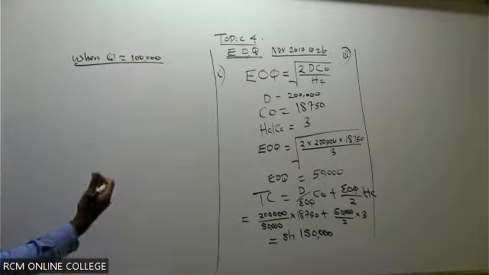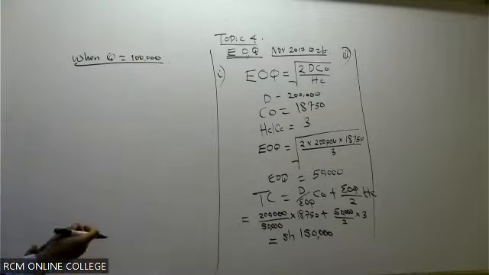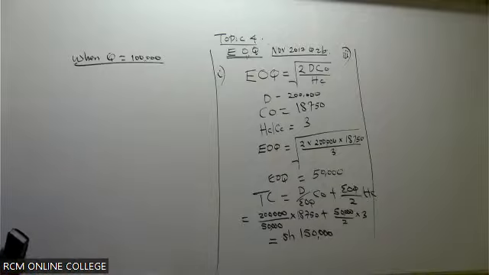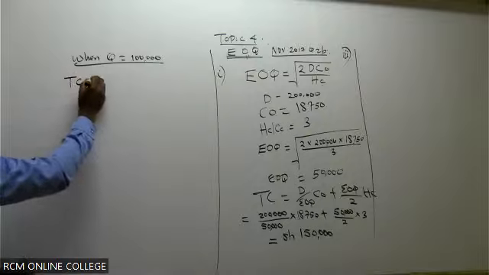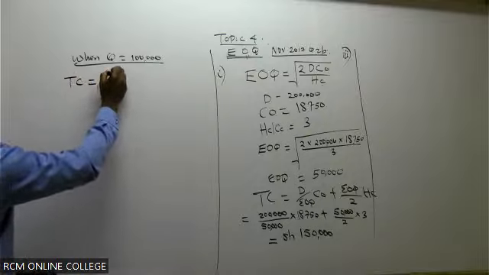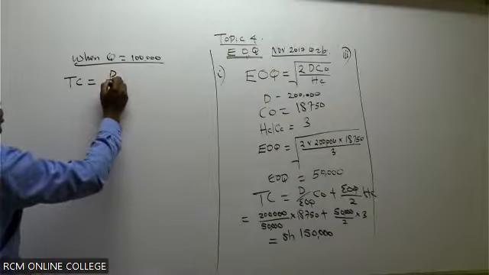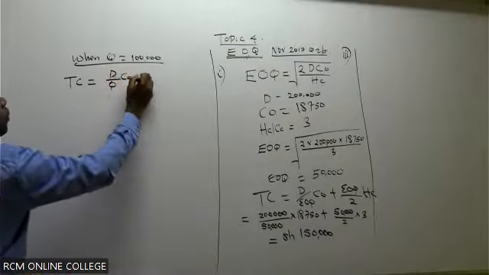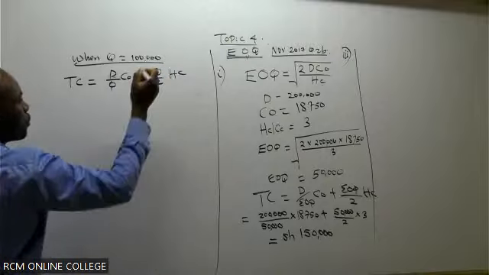What did we say under the assumptions? The demand is predetermined and known. It does not change during that particular period. So here I will say total cost is equal to demand over quantity multiplied by ordering cost plus quantity divided by 2 multiplied by holding cost.